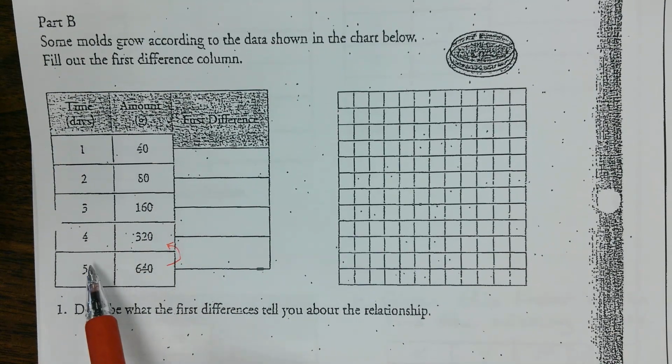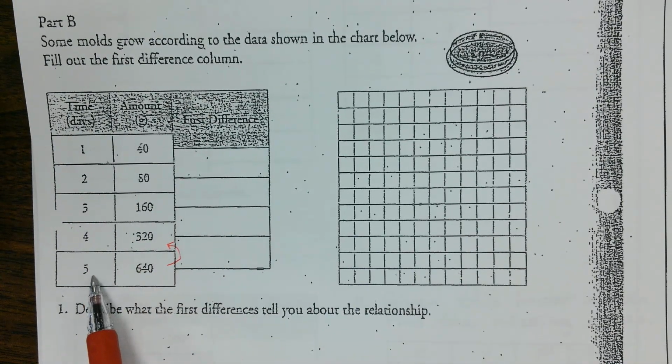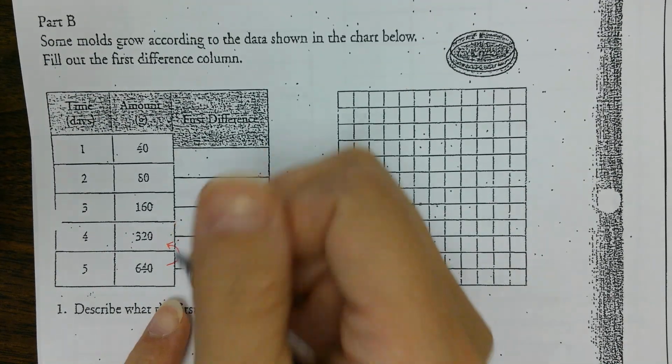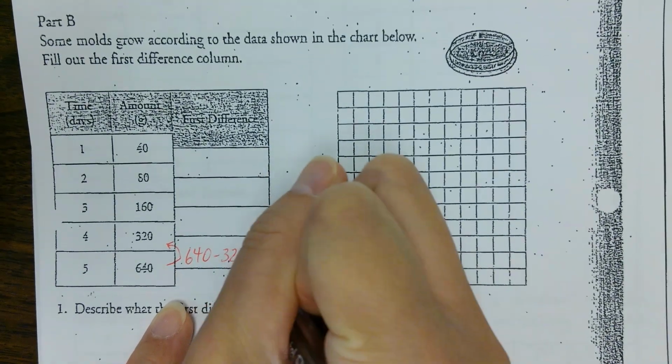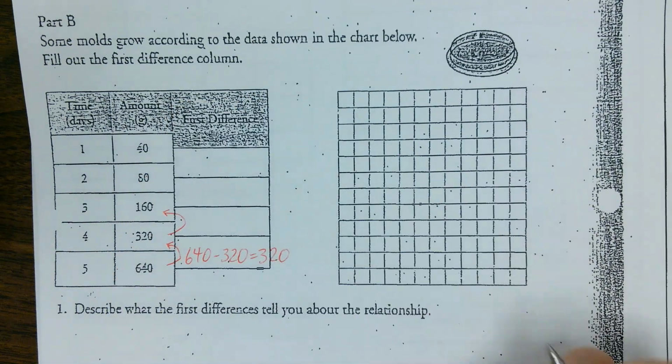First off, time is going up by days constantly, so that's good. We can do our first difference. 640 minus 320. What do you get? 320. 320 minus 160.